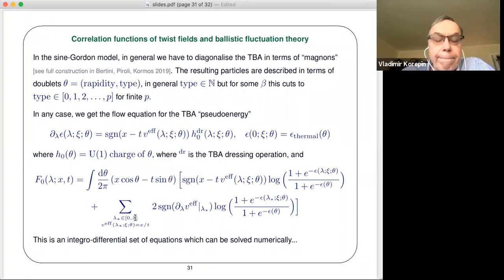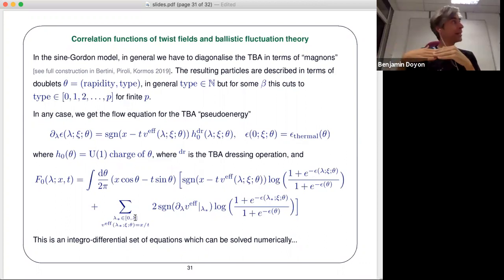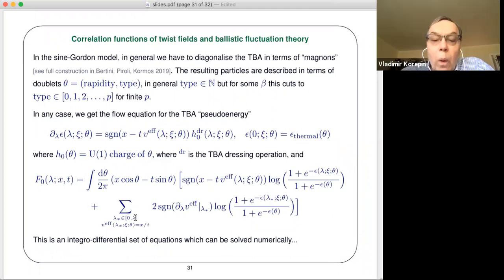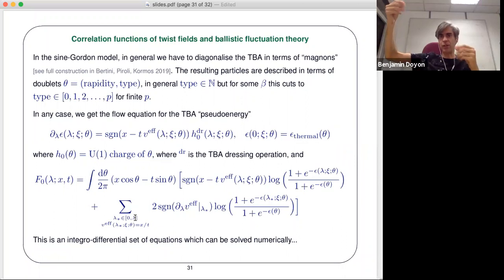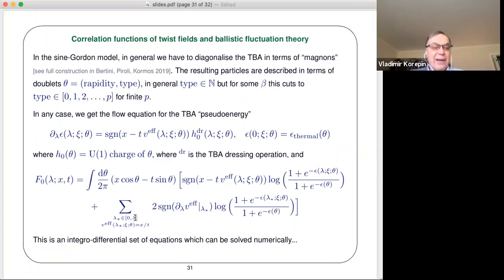It's some additional contribution you get as you go along the flow. You get these additional contributions whenever there's an effective velocity, a fluid mode that exactly agrees with the ray that you're looking at. Then that gives some kind of extra fluctuation, extra correlation that you have to take into account somehow. Interesting.